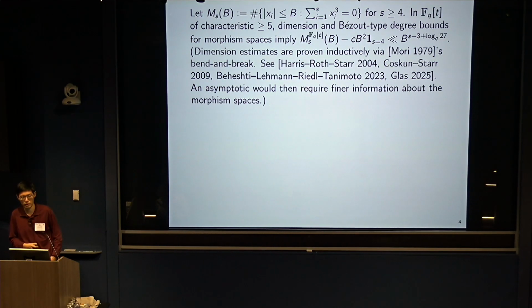So if, as before, M_s is the number of solutions to this s-variable cubic in a box, say s is at least 4, then by using clever geometric methods based on Mori's bend and break, as well as some Bezout type intersection bounds, you can show that there's a nearly optimal upper bound as q goes to infinity of b to the s minus 3.